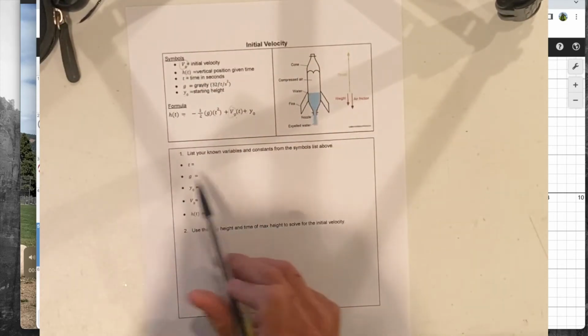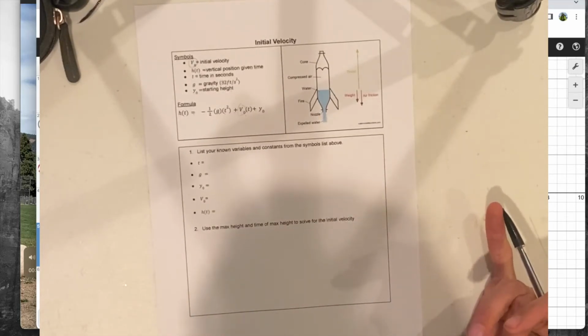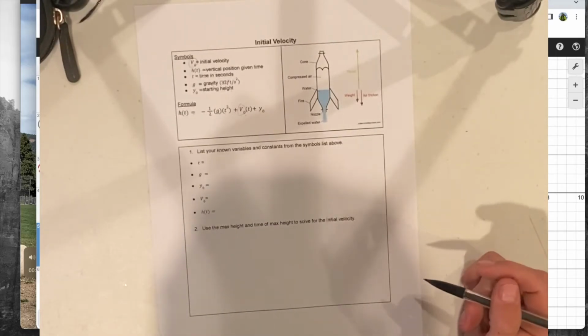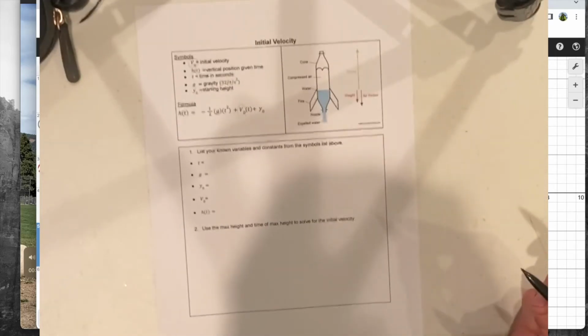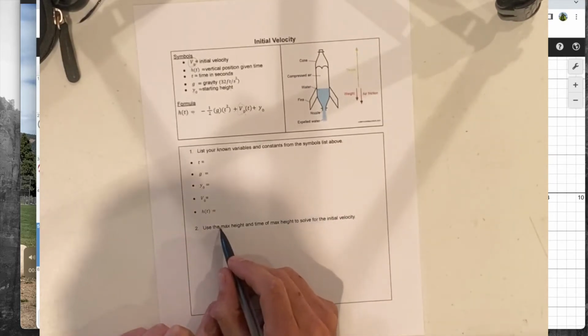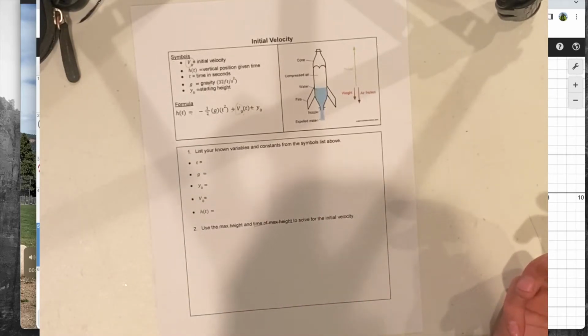And so the first part of this problem for calculating our initial velocity is we're going to write down our known variables and our constraints from the symbols above. The thing that we're going to be using is the max height and the time of max height to figure out what our initial velocity is.